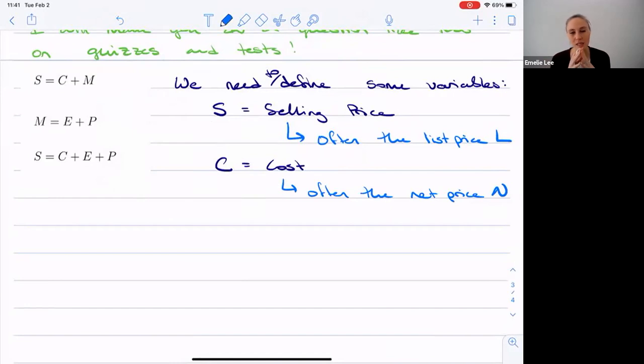So we need to be a little bit careful with making these connections that C and N are interchangeable and S and L are interchangeable, right? But often they are, okay? But this is the cost to the retailer?